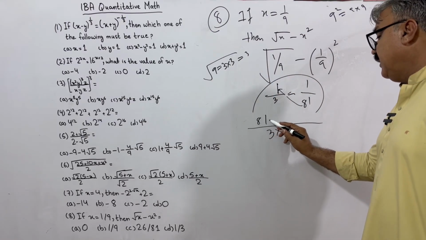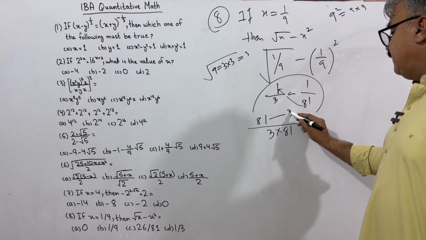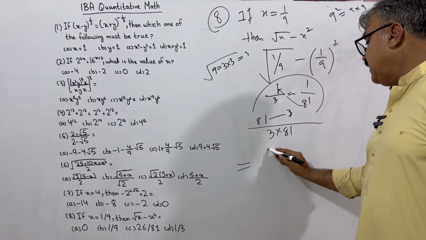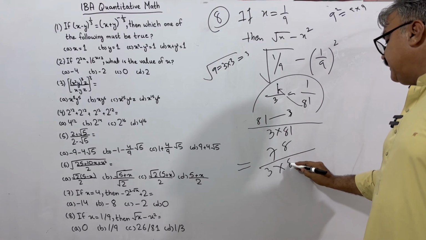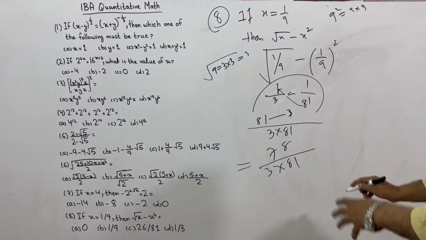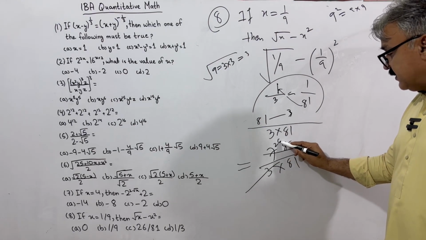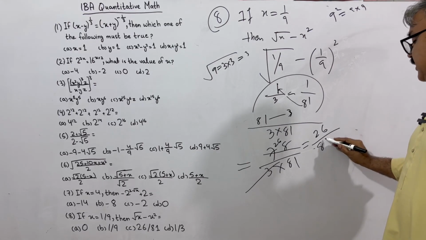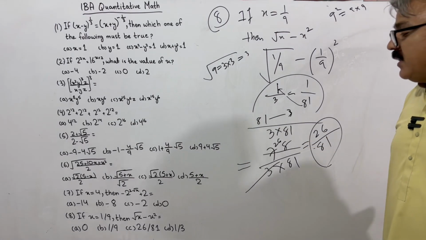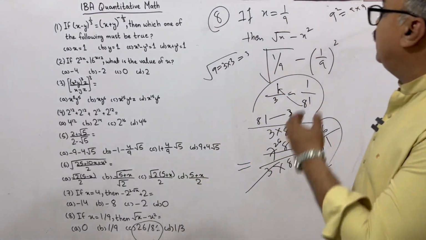First, 1 times 81 is 81. Minus 1 times 3 is 3. So I have 81 minus 3, which is 78, over 3 times 81. Hang on, don't panic or multiply; apply the table of 3. 3 times 2 is 6, 3 times 6 is 18, carry 1, 3 times 2 is 6, so 26 over 81. So our option in that case is 26 over 81.